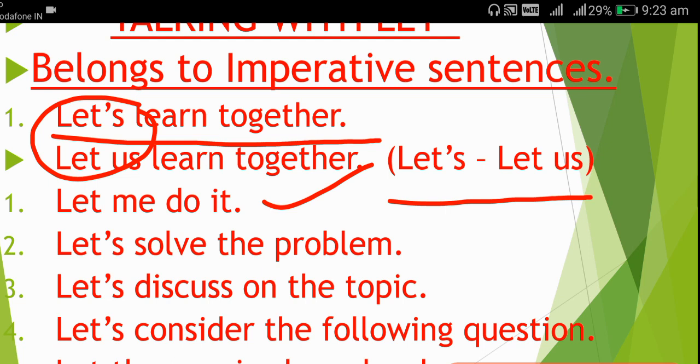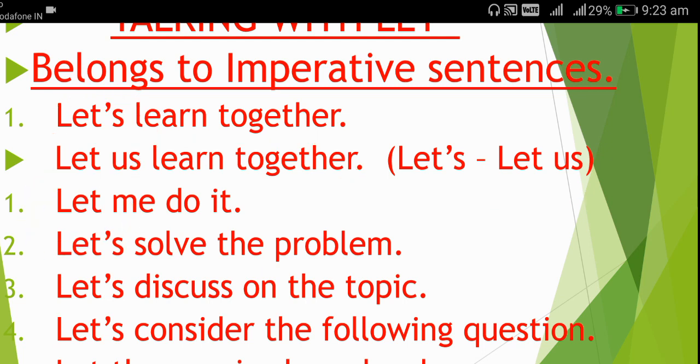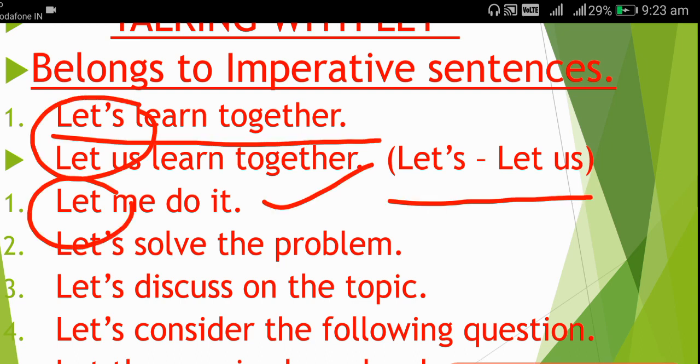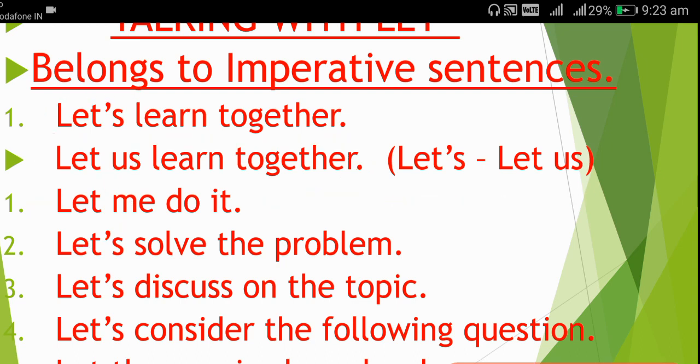So when this sentence starts with let, let me do it, it takes permission from anyone to do something. आओ मुझे करने दे.